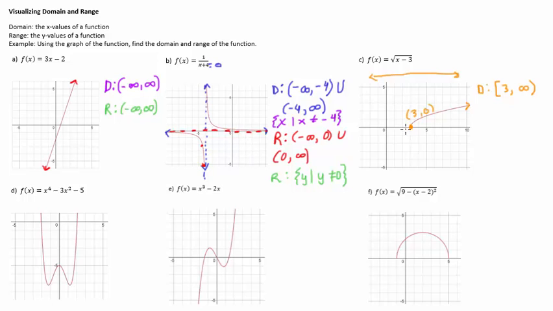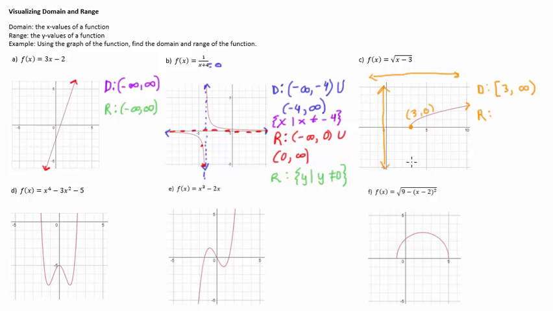You can plug in a 3 here, you get the square root of 0, which is 0. We can't plug in anything smaller than 3, like 2.5, because then we end up with a negative under our square root.